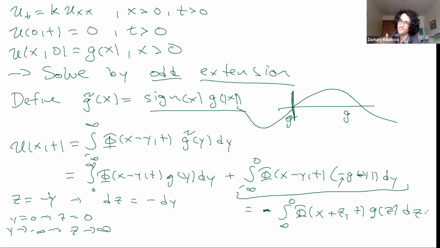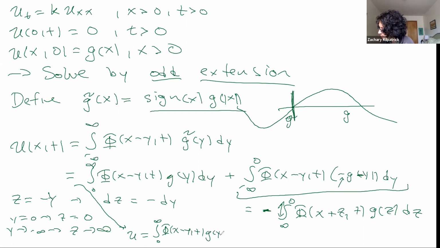Now if I switch back to calling z y again, and reverse the direction of integration by taking its negative, then u is equal to the integral from 0 to infinity of phi of x minus y, t, g of y dy. That's just my first integral that I've left alone.